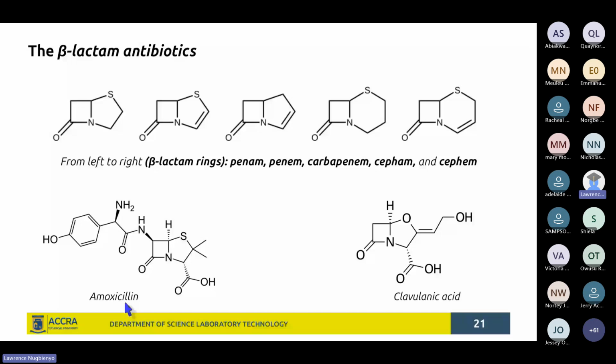On the pharmaceutical market in Ghana, you have amoxiclav, because the combination of clavulanic acid and amoxicillin deals with antibiotic resistance, so that you have a different ring in clavulanic acid, which is not even represented up here. This is an oxapenam. It's just that, in place of the sulfur in the penam ring, you have an oxygen there.